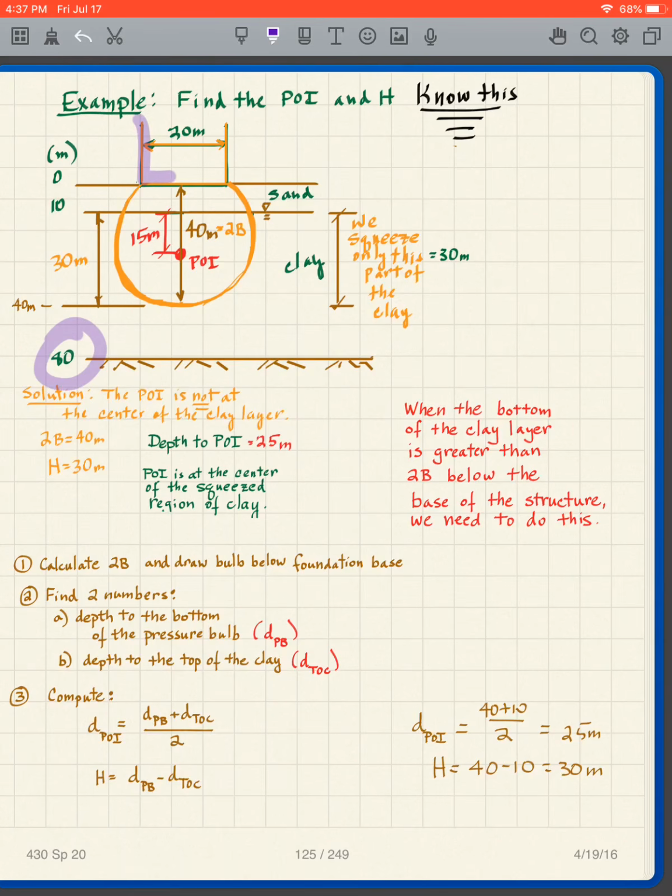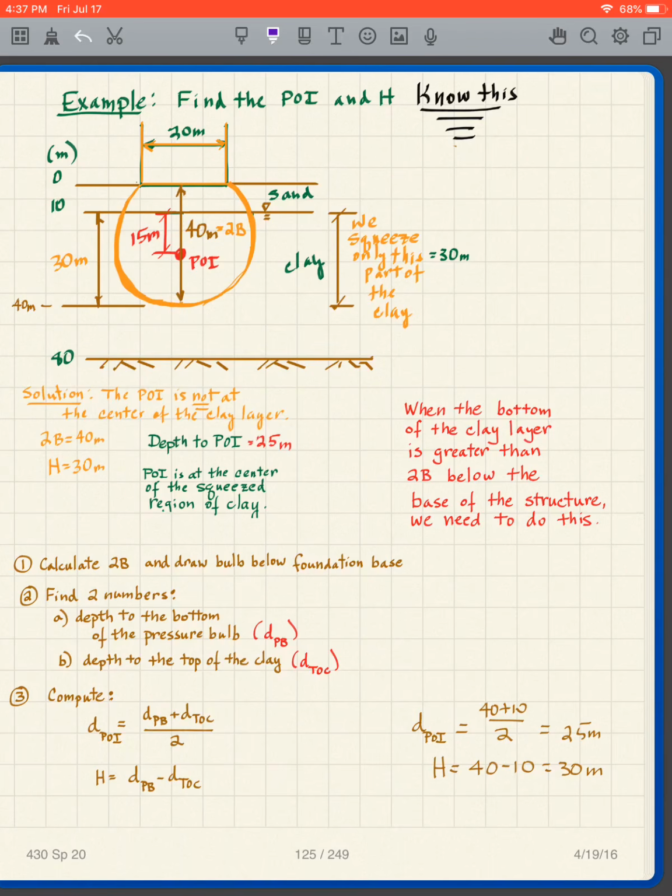I'm building a structure at the ground surface that has a width of 20 meters. What we know is that as we go deeper and deeper below the structure, the soil feels the stress from the structure less and less.